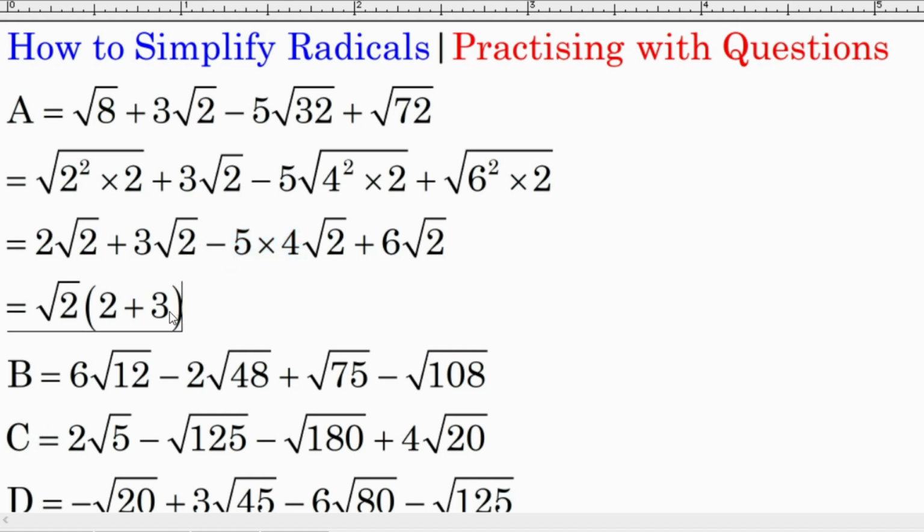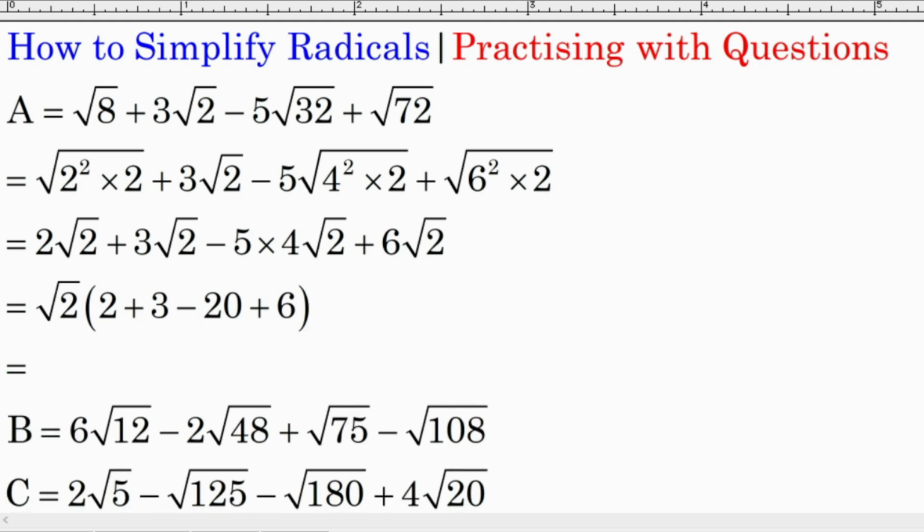That will be minus 20 here. And then plus 6 here. Let's move on.